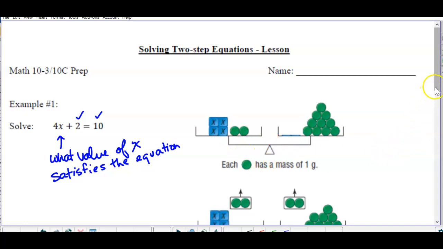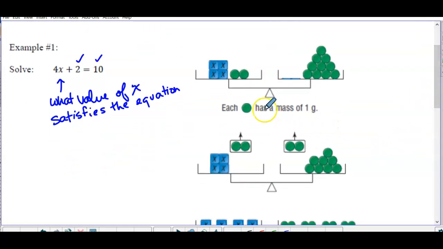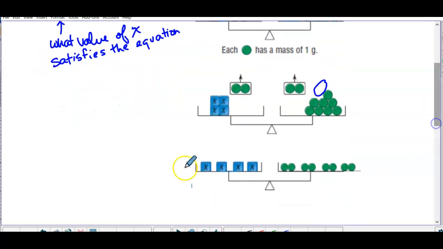All right, so how do we do that? You can think about taking off these two masses here. So if you take that off and you want it to be balanced, you've got to take 2 off the other side. So you can see these 2 are taken from here. Then the 4 x's that you have are equal to all of these masses.